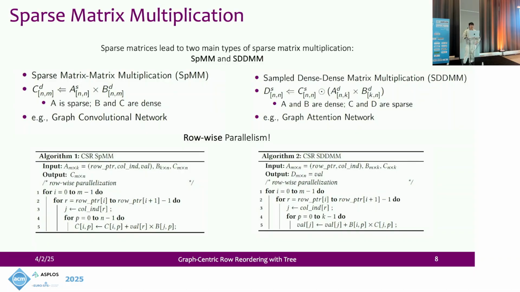The first and the second inputs are dense matrices. Their result is then sampled by a sparse matrix, outputting another sparse matrix. And importantly, both SPMM and SDDMM can be parallelized row-wise. This offers great insights for our following exploration.